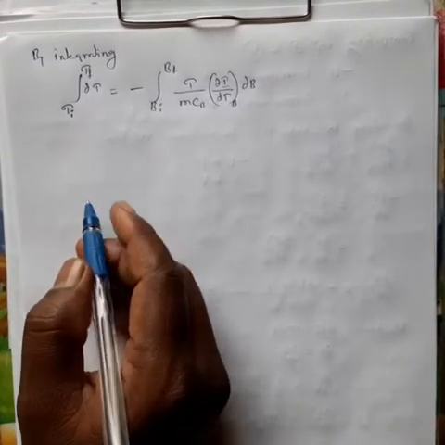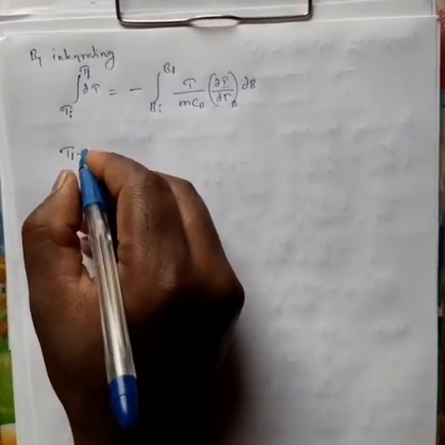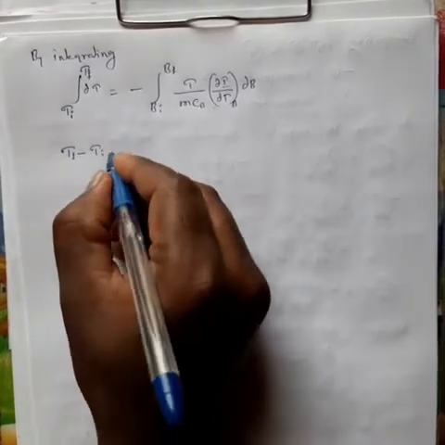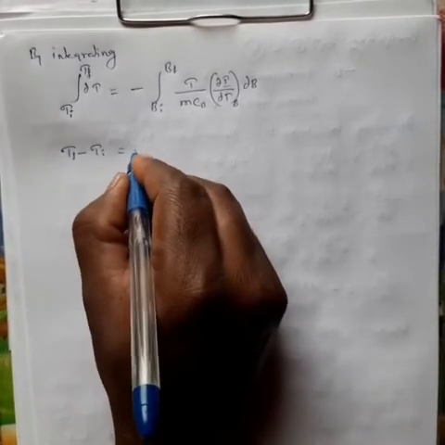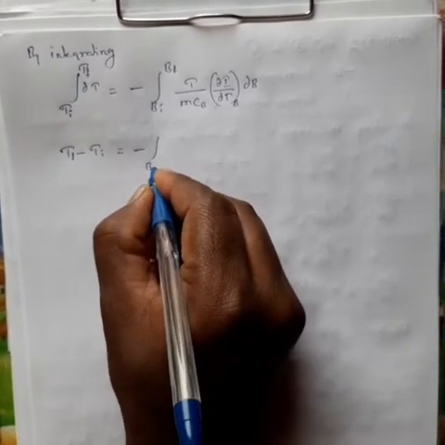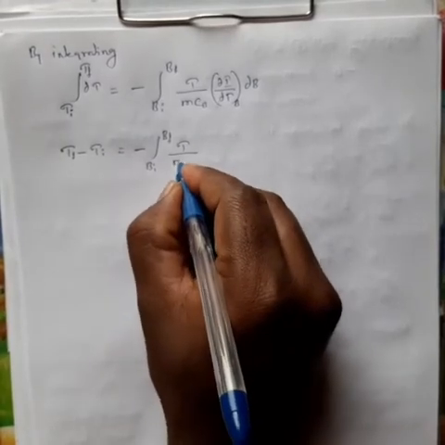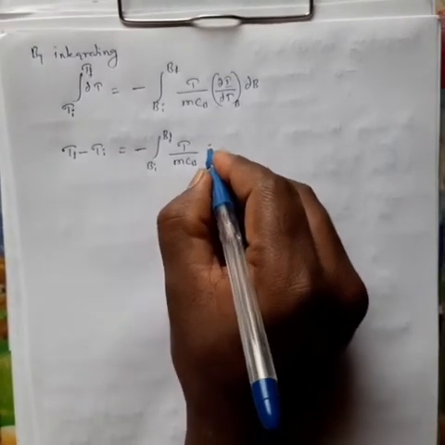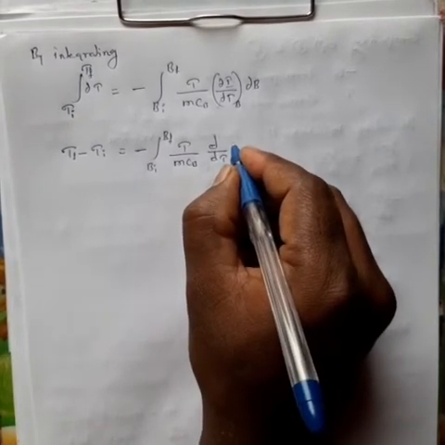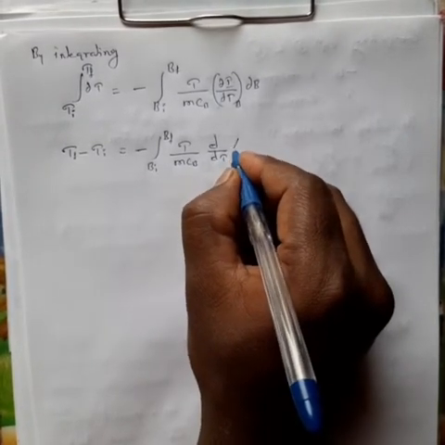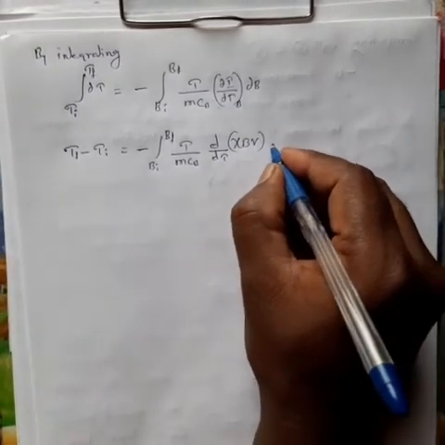So this can be written as Tf minus Ti, final temperature minus initial temperature, which is equal to minus Bi to Bf T divided by M into Cb. The differentiation of these two terms can be represented by psi B into V into dB.